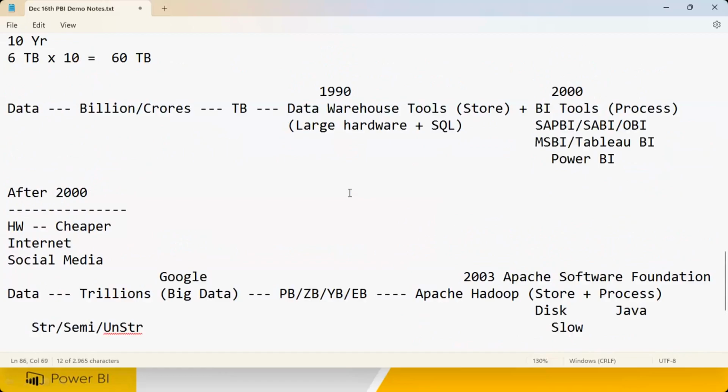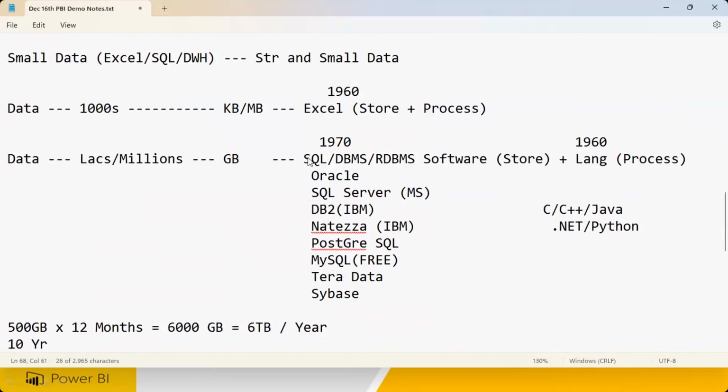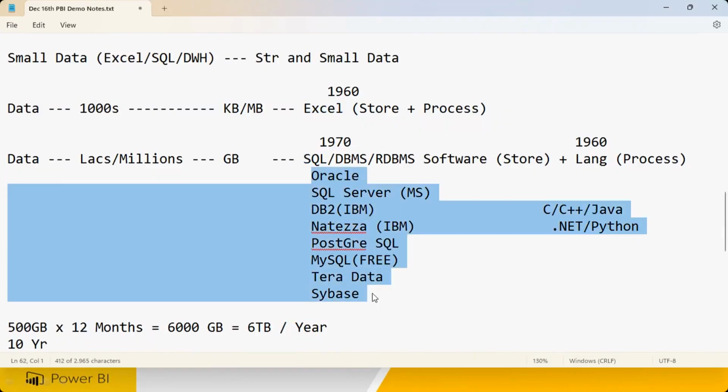They have to learn data warehousing and these kinds of tools, and they need to learn SQL as well. Excel is not very important. A basic understanding of Excel is fine, but compulsorily you need to know SQL. SQL means Oracle, SQL Server, DB2, Netezza, any one software you need to learn. This is what is called SQL software.